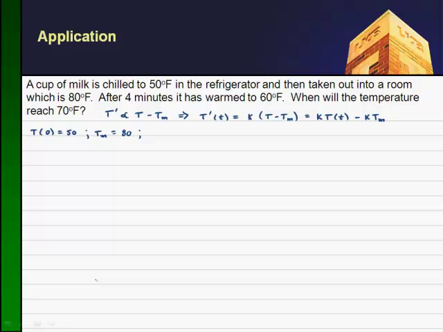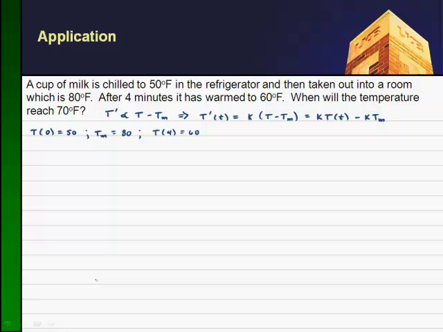And after 4 minutes, the temperature is going to be 60 degrees Fahrenheit. So we have a lot of information, and we'll see why we need not just the initial state, but some later state as well.